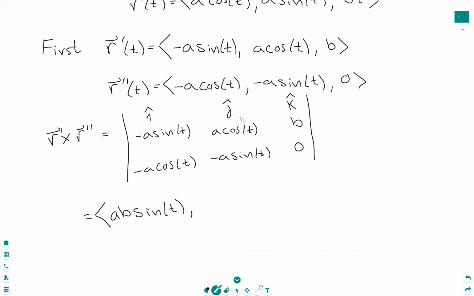The y component will be the negative of the determinant of the block that's created from this column and this column. So I'll have this 0 times this negative a sine of t. That's also nice. And then we have b times negative a cosine of t. So here we'll get negative ab cosine t.